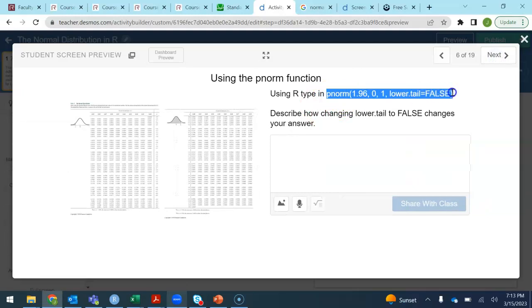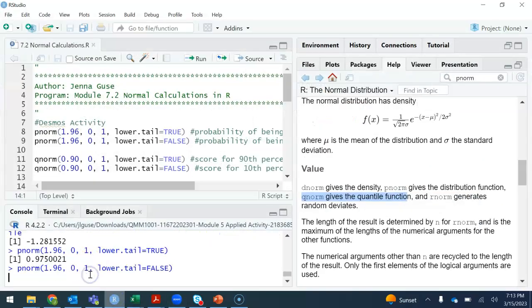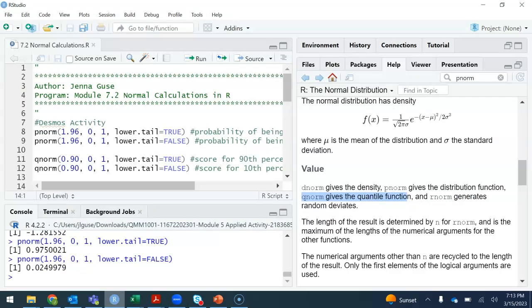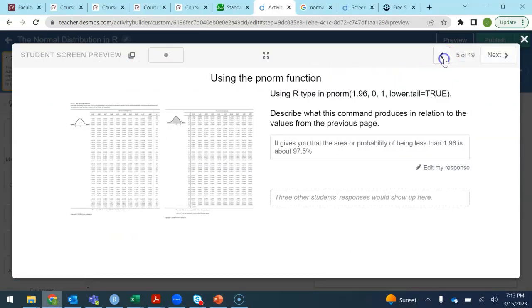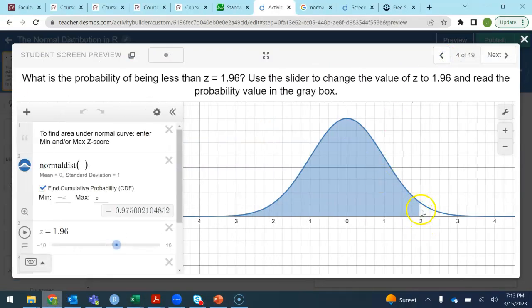Now, what if we keep everything else the same but change lower tail to false instead of true? Go back to R, type that in, and you get 0.025. That's about 2.5%. But what is true about probabilities? They always have to sum to 1. So if lower tail true gives you everything less than 1.96 in this blue area, what lower tail false is giving you is this part that's greater than 1.96.